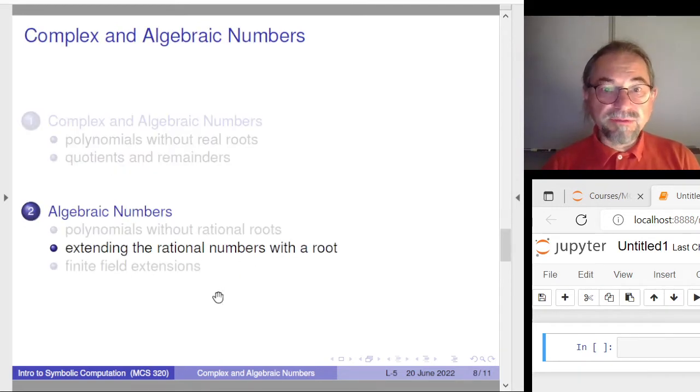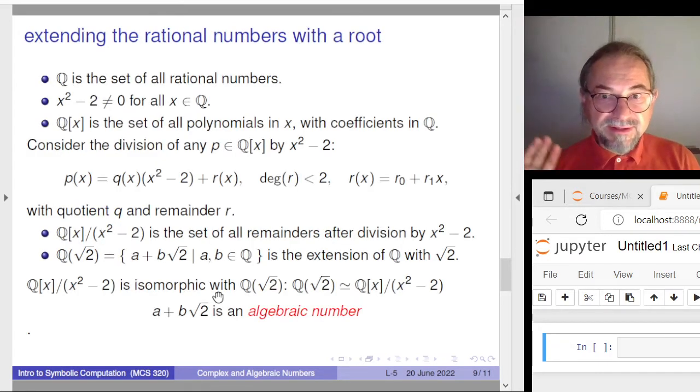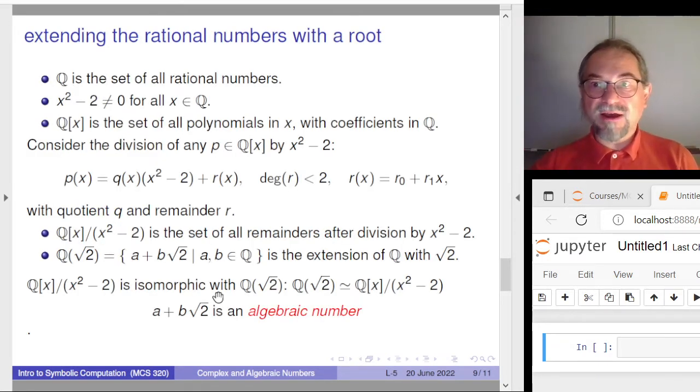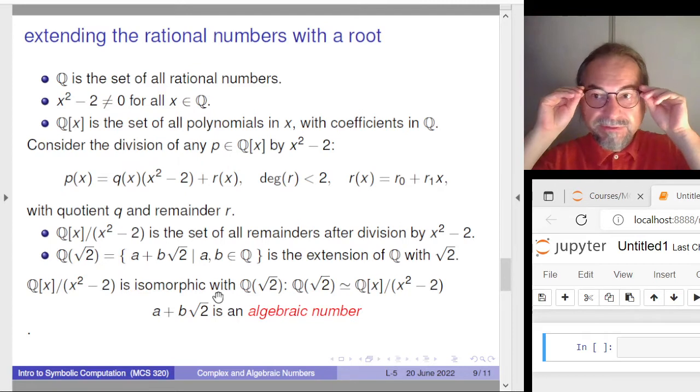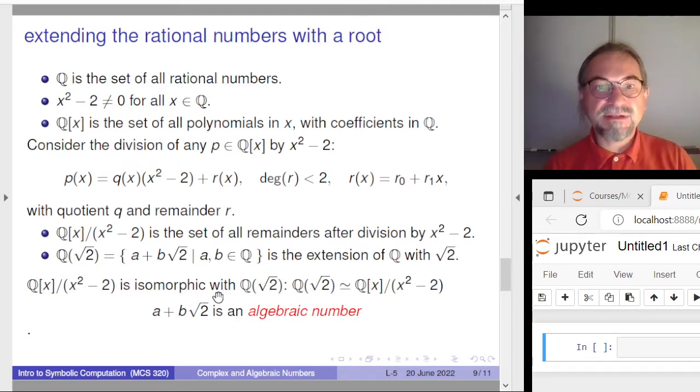Okay, so we can exactly play the same game now. We have the set of rational numbers denoted with the fancy Q. We have a polynomial over the rational numbers that is not zero, but it's positive and negative.